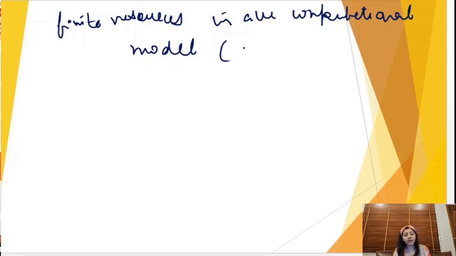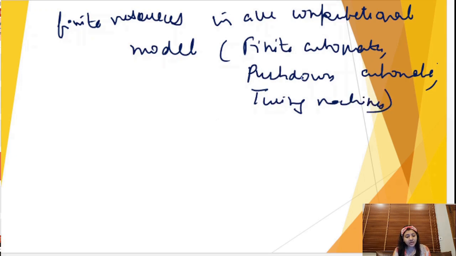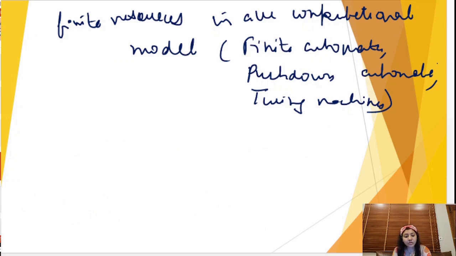We learn about finite automata, which is one kind of mathematical model. Then we learn about another kind of mathematical model, which is pushdown automata. Then we learn about another kind of mathematical model, which is Turing machines. So these are the different kinds of mathematical models that we are talking about. So the third rule says that you have a finite number of employees, machines and time. This can be treated as the finite resources in our computational model.